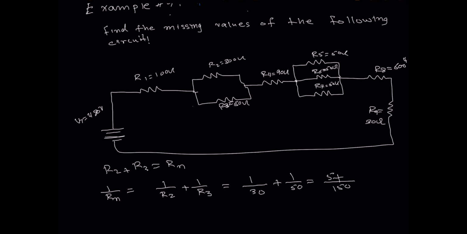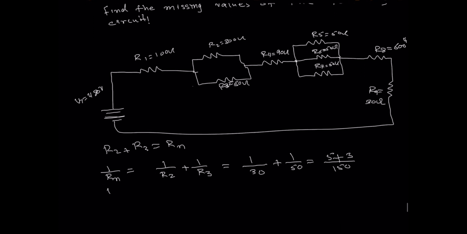Plus 150 divided by 50 is 3, 3 times 1 is 3. So 1 over Rn will become 8 over 150. When we flip these, Rn will become 150 divided by 8, which gives me 18.75 ohms.